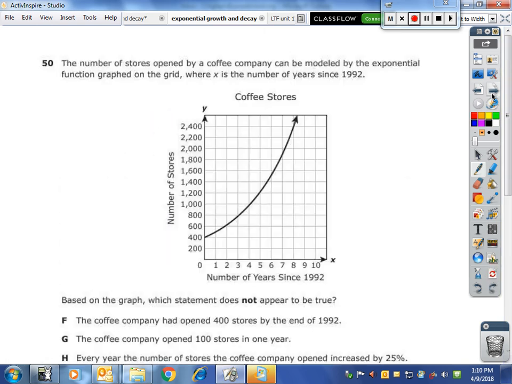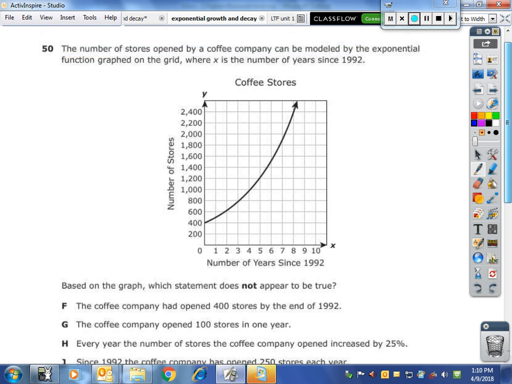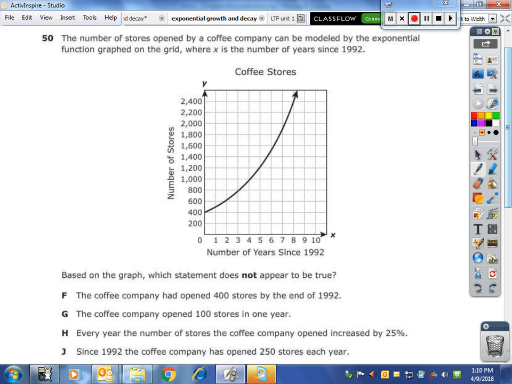Okay, try this one, please. Okay, I can look at this and know it's exponential growth.